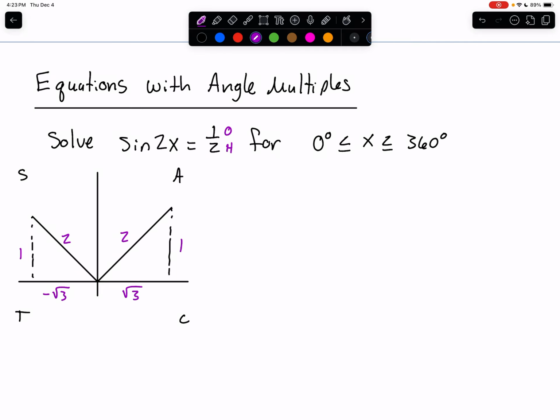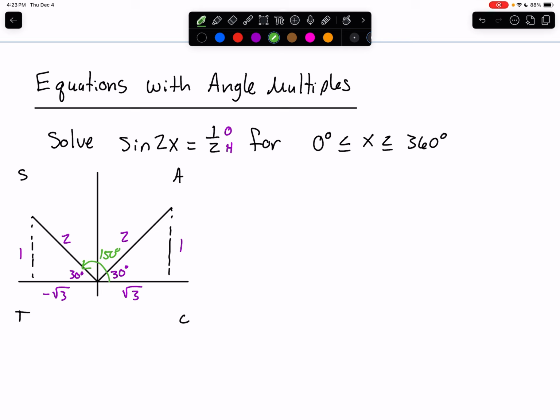Okay, for the one in quadrant 1, this is a 30-60-90 triangle. The angle across from 1 is my 30 degrees. That means the reference angle over in quadrant 2 is also 30 degrees. So I'm going to use that to find the actual angle in quadrant 2 that I want, the green one. I'm going to do 180 minus 30, that's 150 degrees.